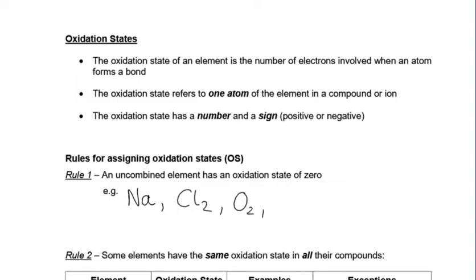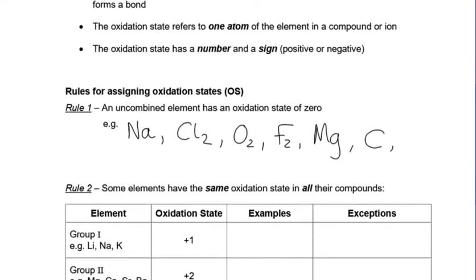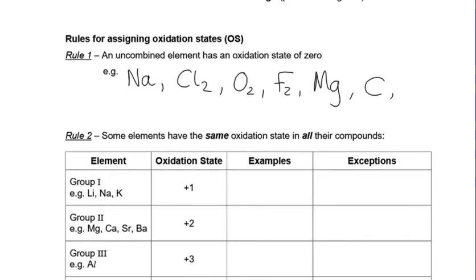O2, F2, Mg, any element, carbon in diamond, you can just say the oxidation state is 0. So an uncombined element always has an oxidation state of 0. Rule number 1 is probably the most forgotten rule. So if it's not in a compound, it's got an oxidation state of 0.